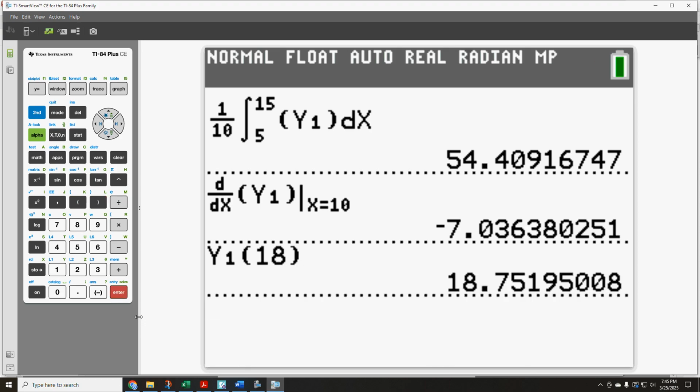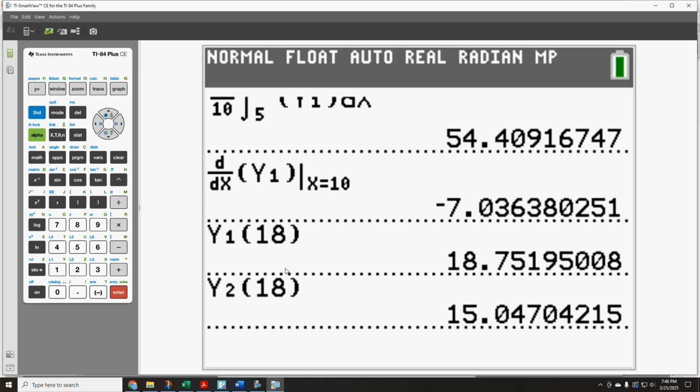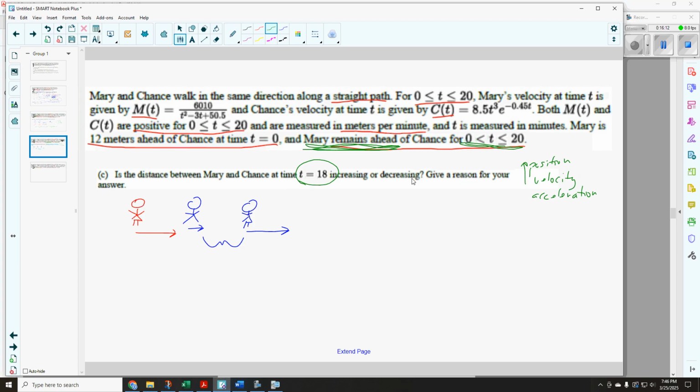And I find out it's 18.75. And then I'm going to go alpha F4 y2, and I'm going to evaluate that at t equals 18. And I find out it's 15. Mary's velocity is greater than Chance's velocity. So that means that the distance is going to be increasing.